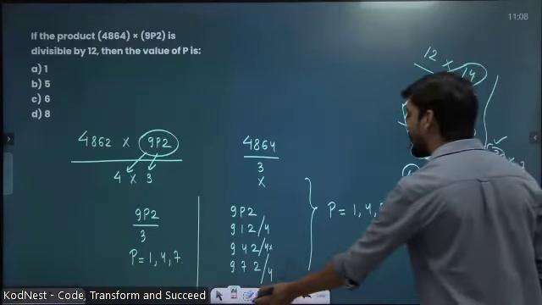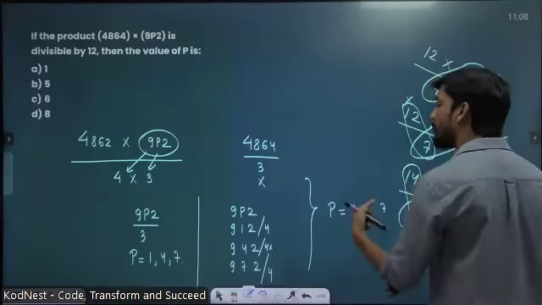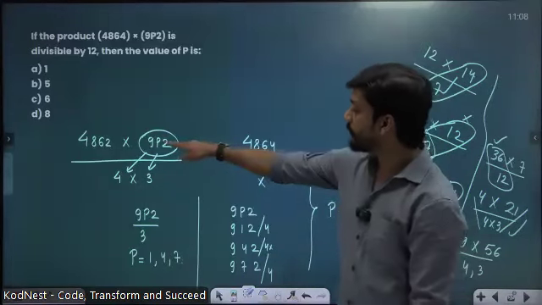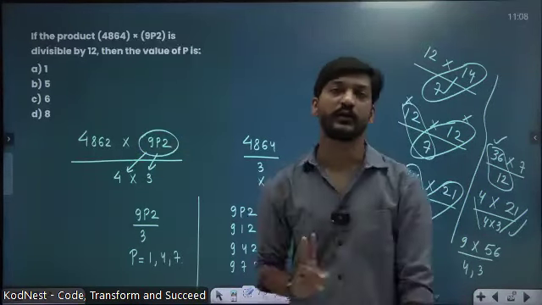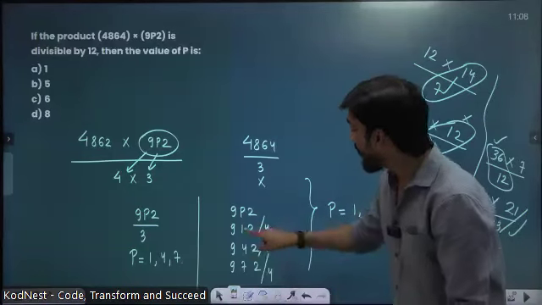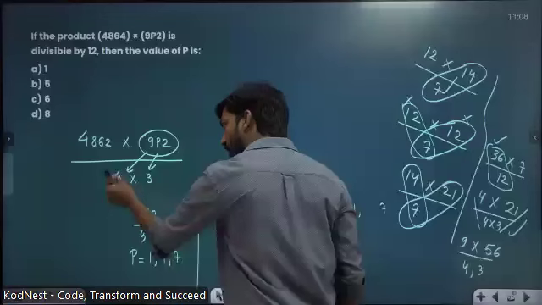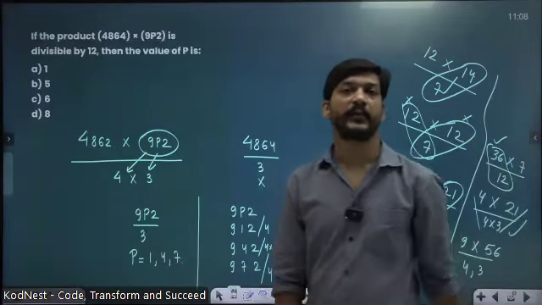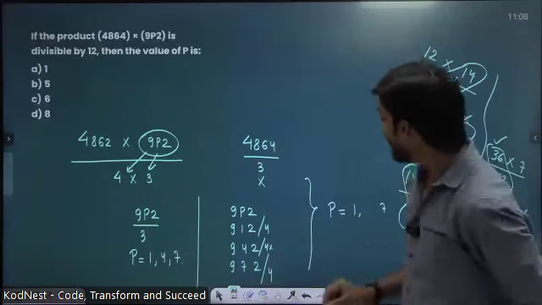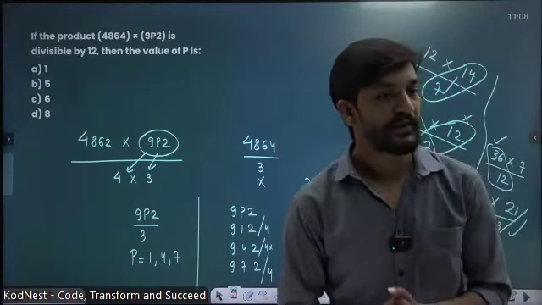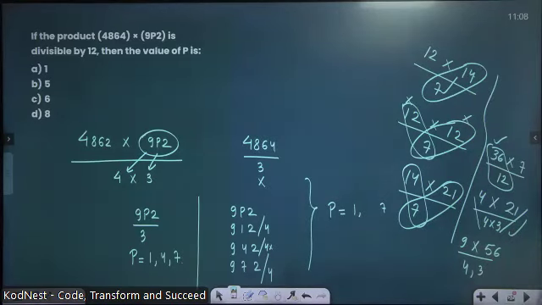Now there are 2 correct values because 4 is not giving you a number which is divisible by 4. If I take p value 4, I will not get a number divisible by 4. But yes, if I take 1 and 7, I will get a number divisible by 4 and 3 also. So now in this case, 1 and 7 will be the 2 correct values. Understood? Somebody has to take the responsibility of 4 and 3.